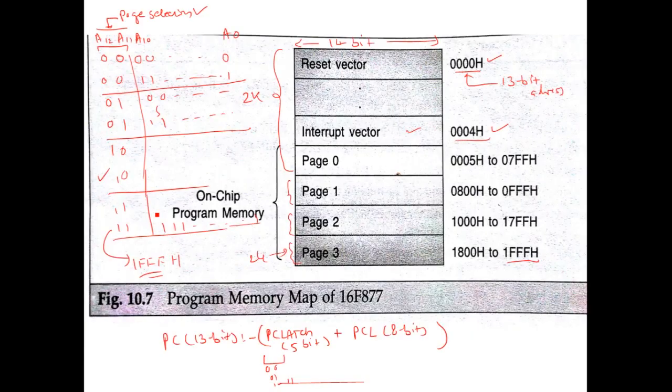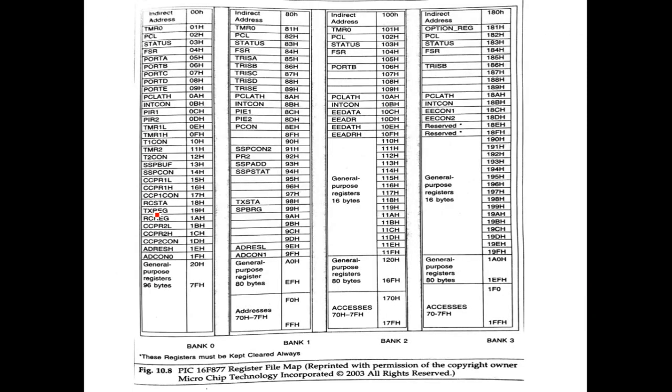For that, you can see the memory banks. The 512 bytes of RAM is available in 4 memory banks: Bank 0, Bank 1, Bank 2 and Bank 3.